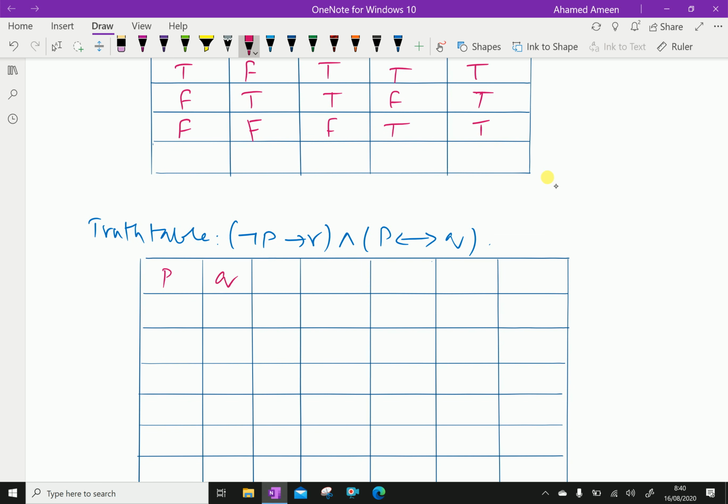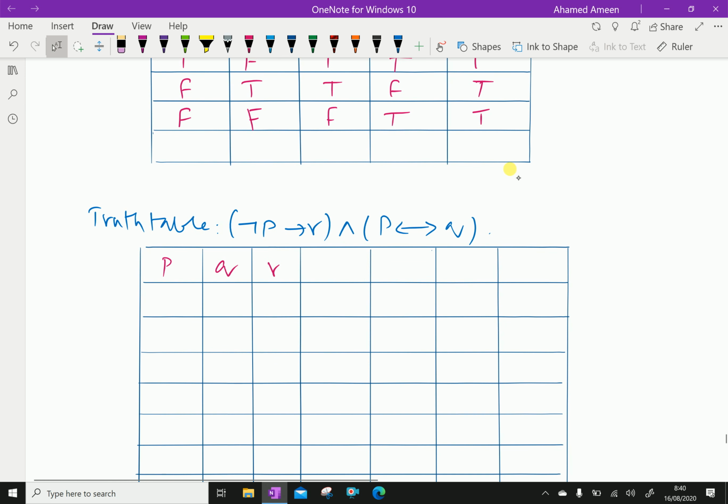Now let us fill the table regarding this. P, Q, R. Next we need negate P and negate P implies R. Then P, Q, then negate P implies R, conjunction P Q. Now we'll fill.